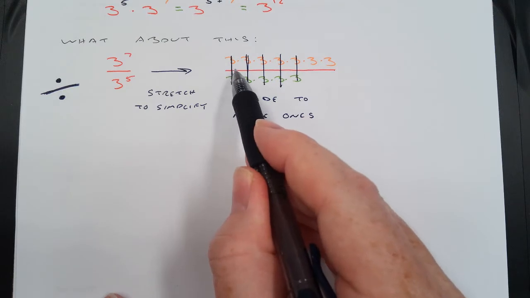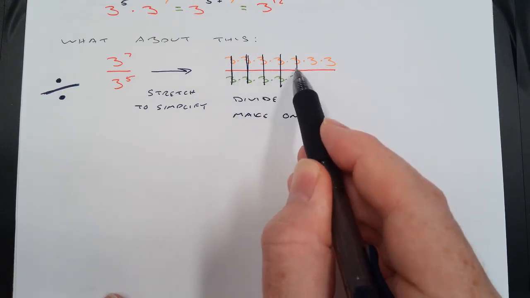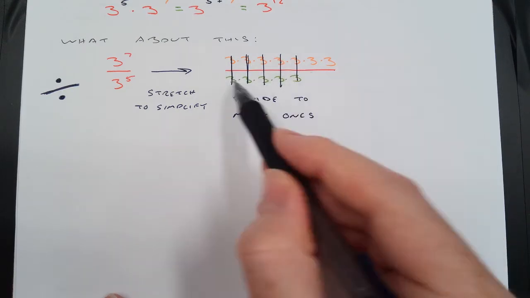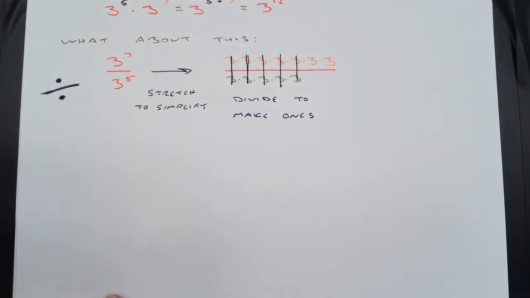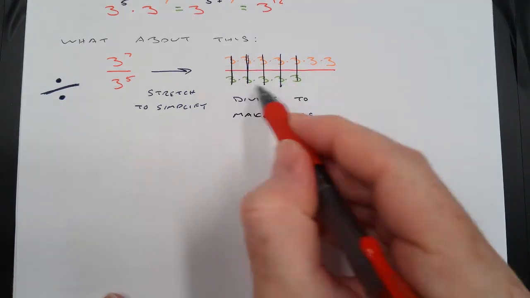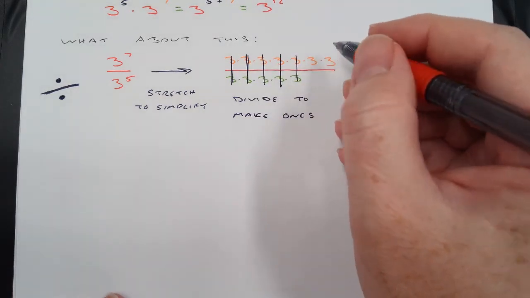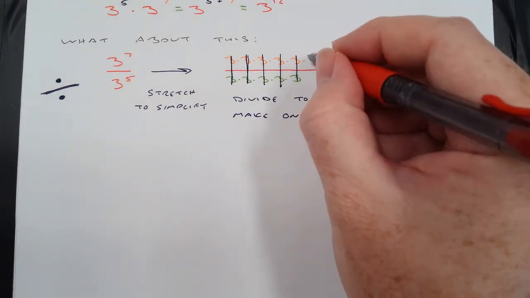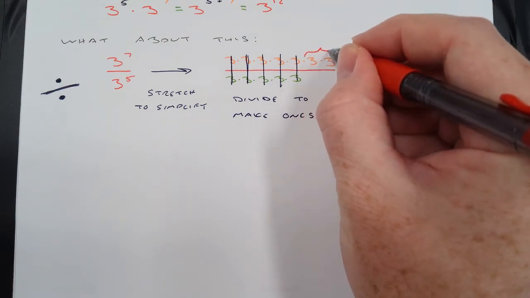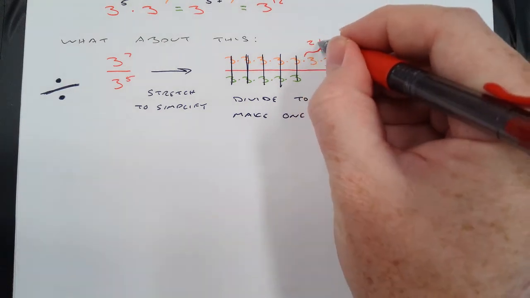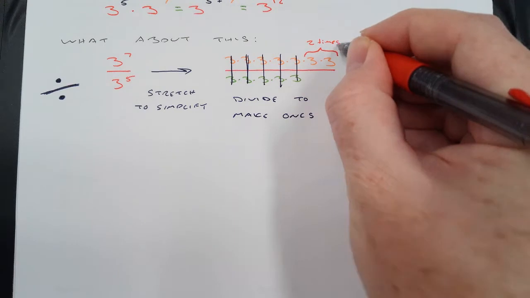Now we have 1 times 1 times 1 times 1 times 1 times 3 times 3. So everything turns into 1s multiplying by 1, which doesn't change anything. That's the identity property. Except we have these 3's in the numerator, and we have 3 two times.